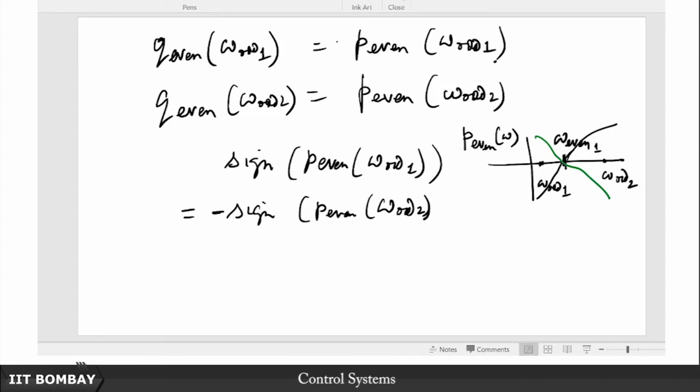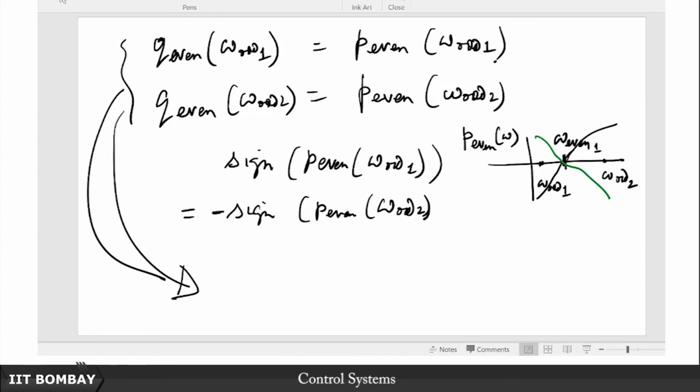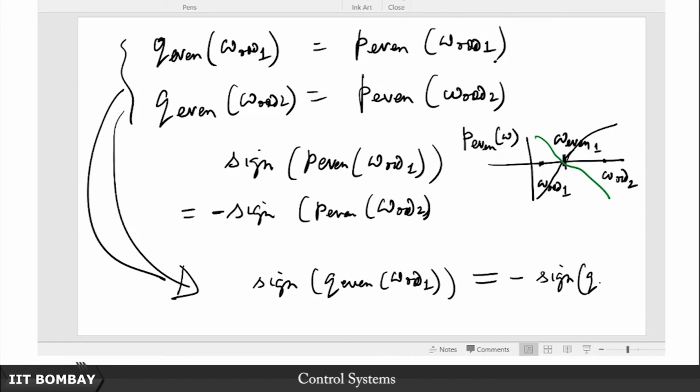So now that we have seen this, based on this we can also deduce, therefore, that the sign of Q even at ω odd 1 is also the opposite of the sign of Q even at ω odd 2, is it not?